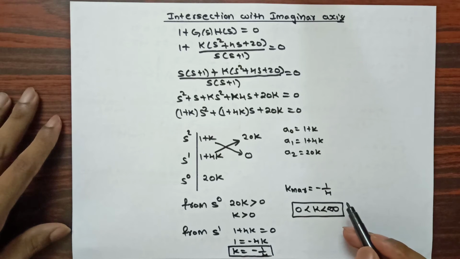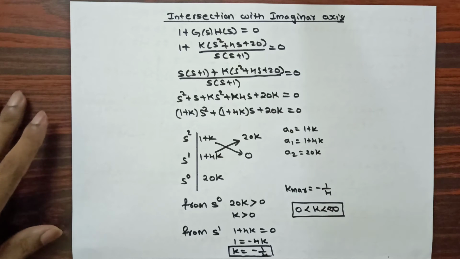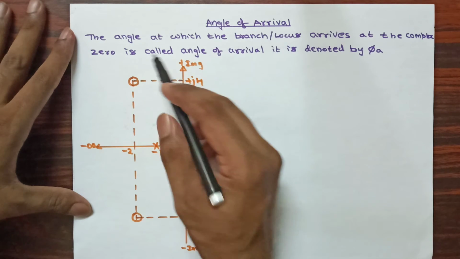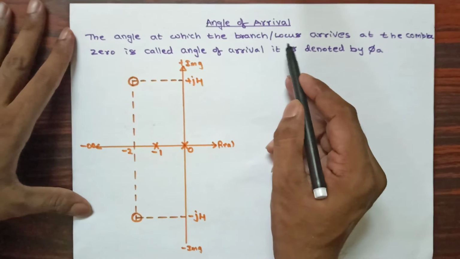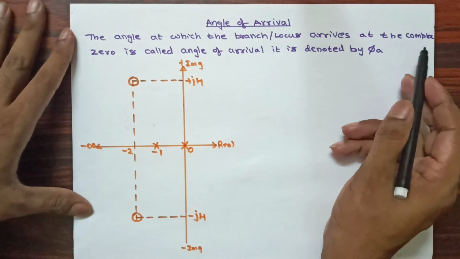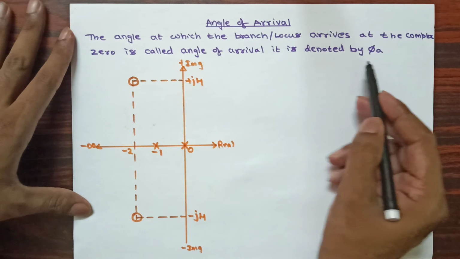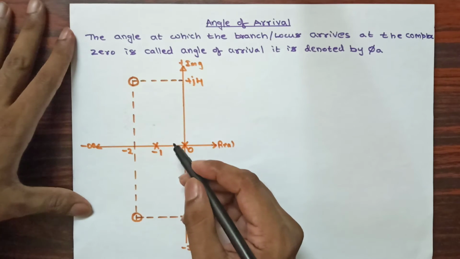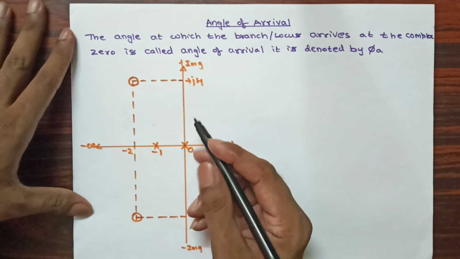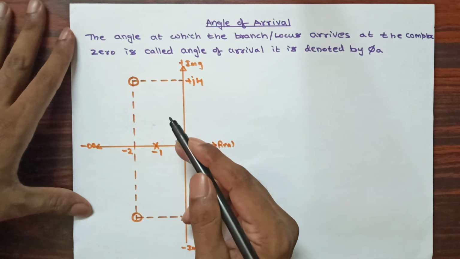Next we are going to calculate the angle of arrival. Angle of arrival: the angle at which the branch or locus arrives at the complex 0 is called the angle of arrival. It is denoted by phi a. The procedure to calculate the angle of arrival is the same as what we did for the angle of departure.